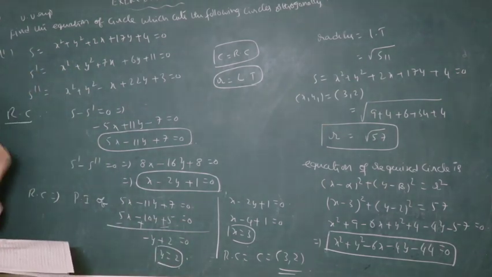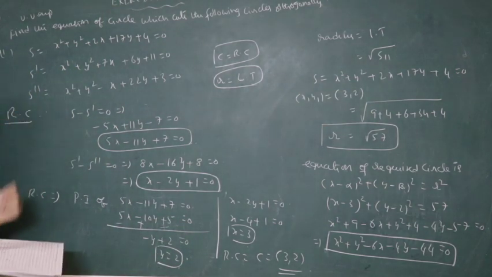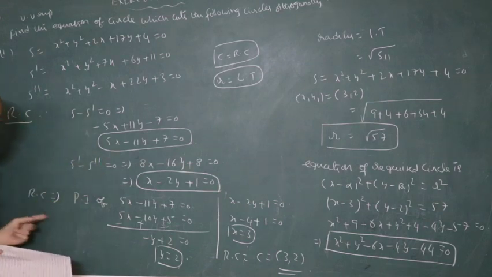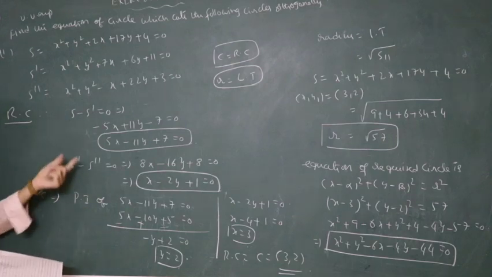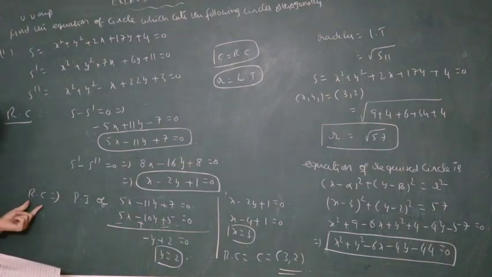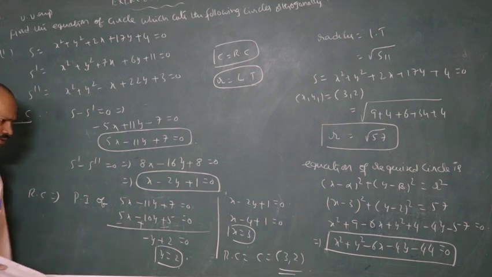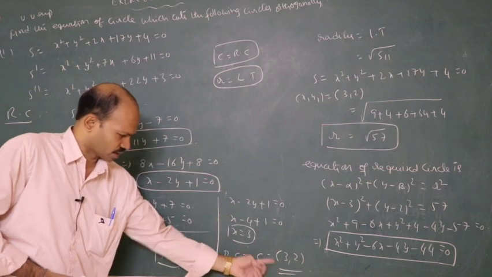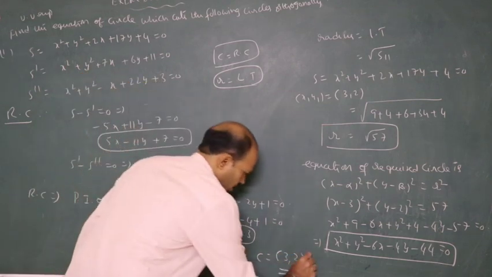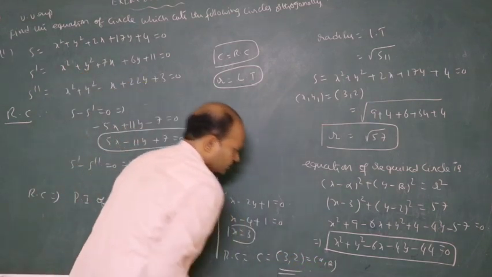So, consider the 3 circles, write down the radical axes, and the point of intersection of these radical axes is the radical center. You get this as the radical center. It follows that it is the center of the circle. You write this as some alpha comma beta.